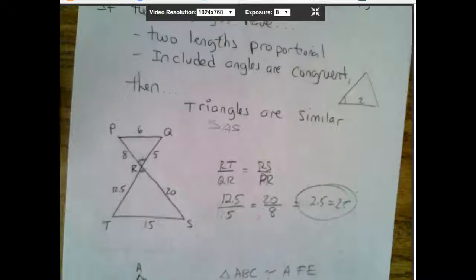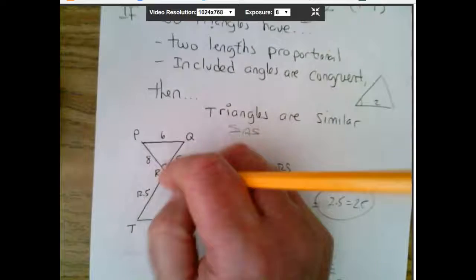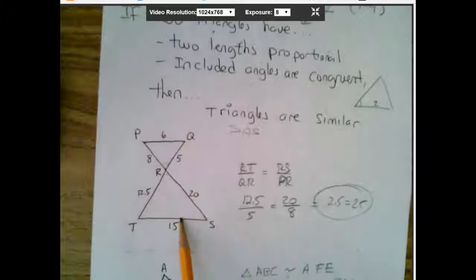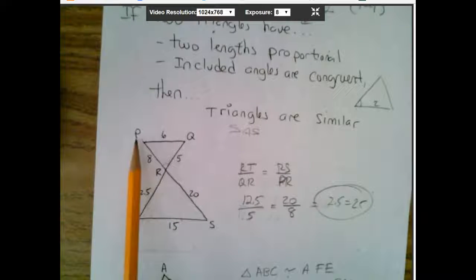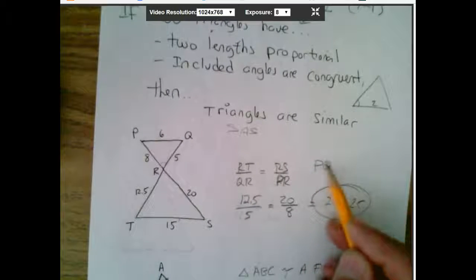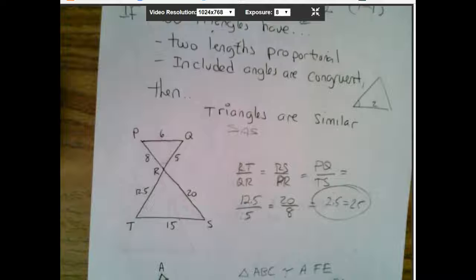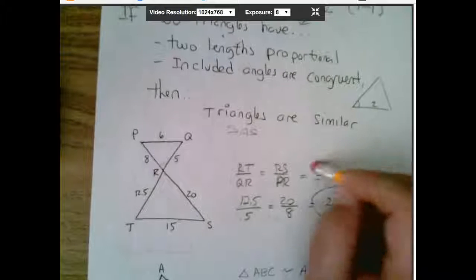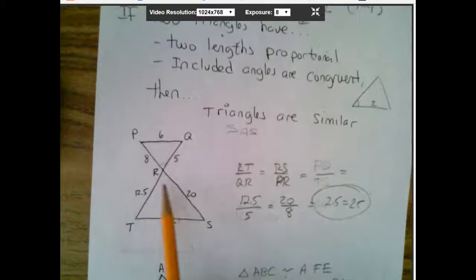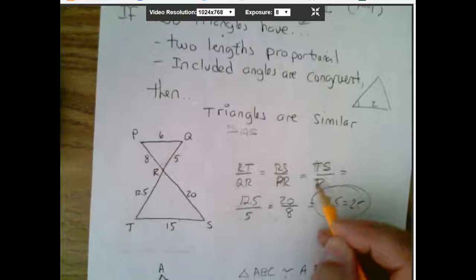Now if we want to do the side, side, side, we can go back to this triangle. I probably should have done that with this one, actually. We don't have to worry about the angle, because we have another side. We compared QR to RT, and PR to RS, and for the last one let's do PQ and TS. We'll go the other way, because we have this triangle on top: RT, RS, so let's put TS on top and PQ on the bottom.